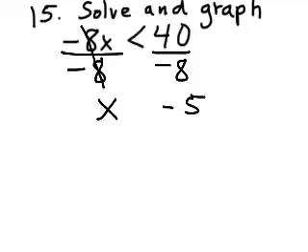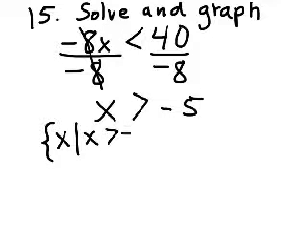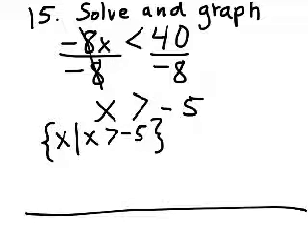But like I said, we're dividing by a negative number here, so we have to turn the sign around. Now it's x is greater than a negative 5. Our solution set for this problem would be x, the set such that x is greater than negative 5.